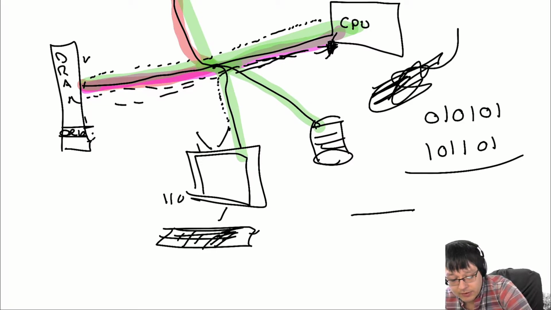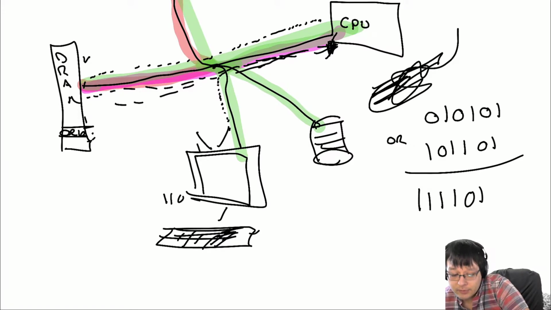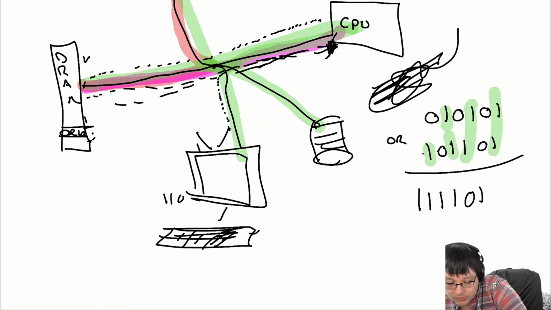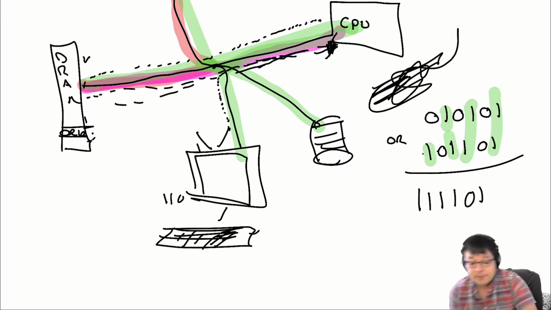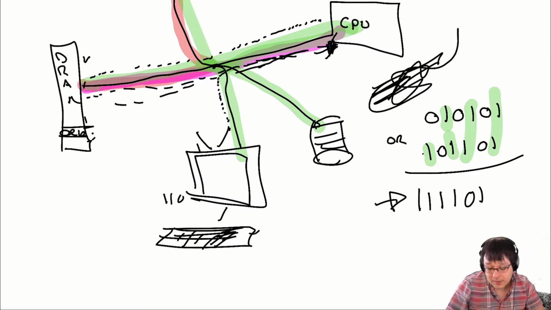So you basically do an OR between them, and you end up with ones wherever there was a one in either case. Taking this one, this one, this one, and those are the same, and then those are the same: 1, 1, 1, 1, 0, 1. That is garbage, because it's neither one thing nor the other. So this causes problems.